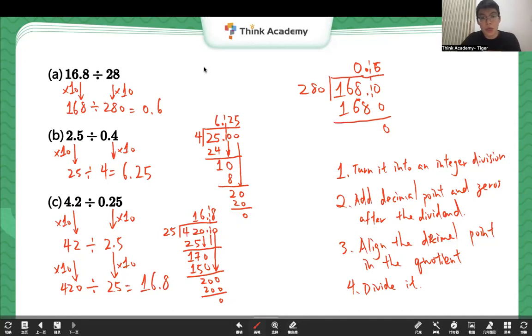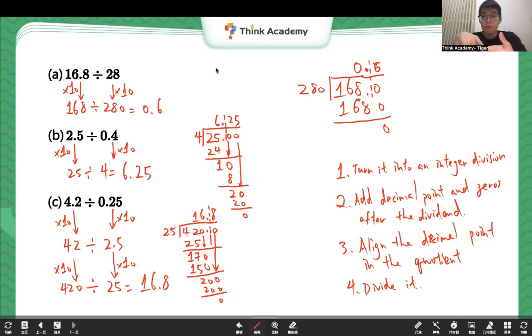Okay, so that's how we can complete a decimal division. Always, you need to turn it into an integer division first, and then you just add the decimal point when it's not enough. Add the decimal point whenever you have a remainder, such that you can continue with the dropping of zeros to continue with your divisions.